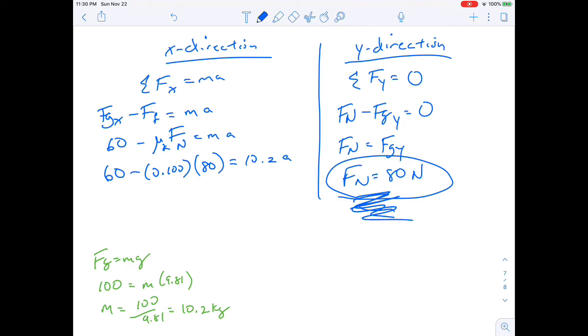And so now I can incorporate the friction, see that it is impeding the gravitational force, so the net force is going to be less.